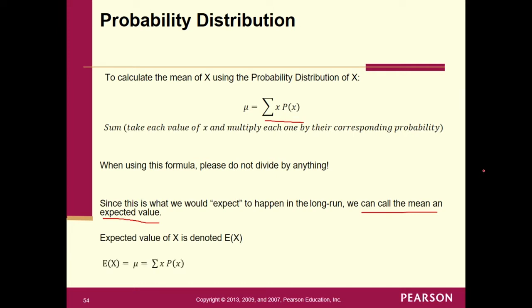So we could say that the expected value of x is equal to mu, and it is equal to the summation of x times p of x, if we're working with the probability distribution of x. All right, I think that ends this section.